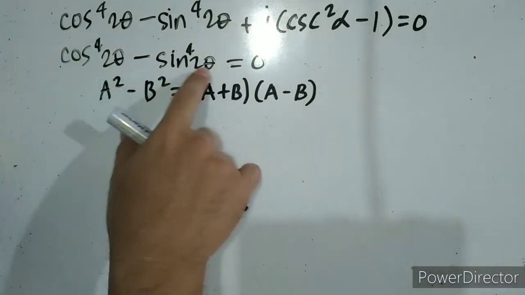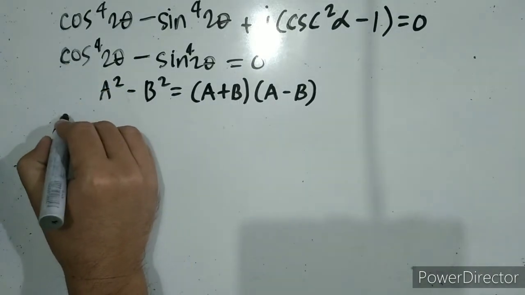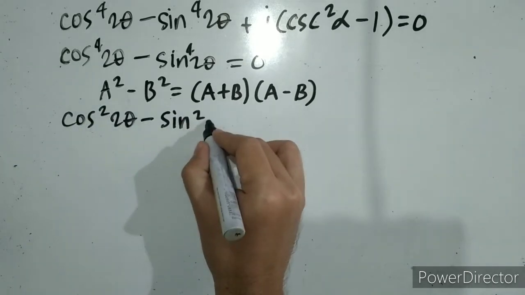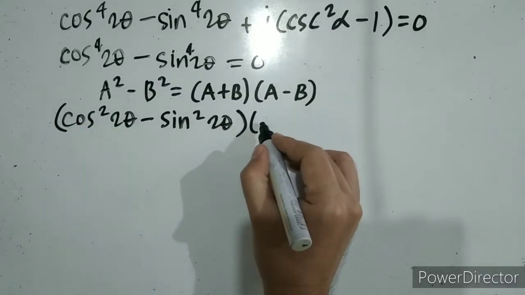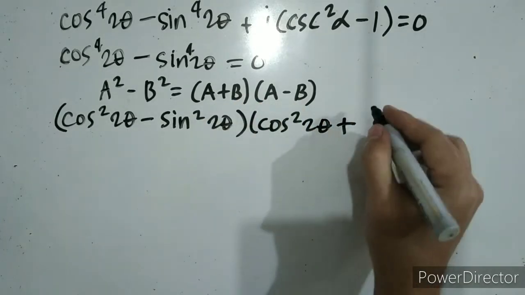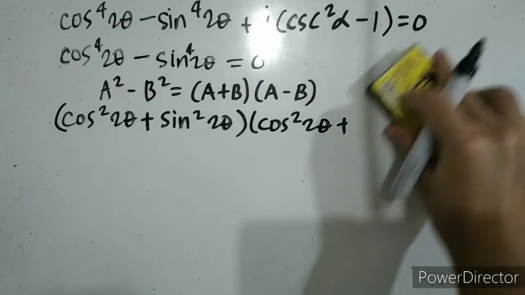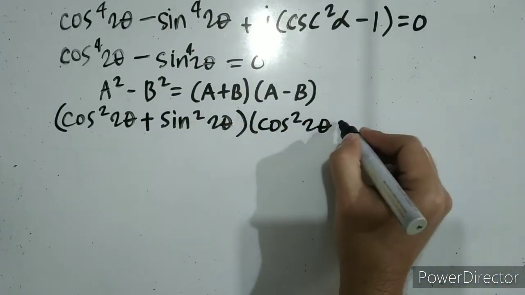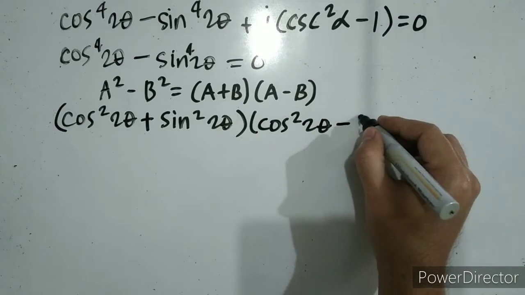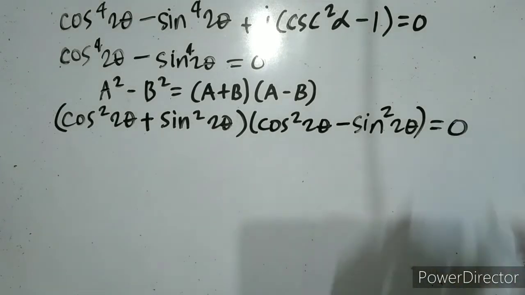So since this resembles a difference of two squares, we can substitute this with cosine squared 2 theta minus sine squared 2 theta, times cosine squared 2 theta plus sine squared 2 theta, equal to 0.